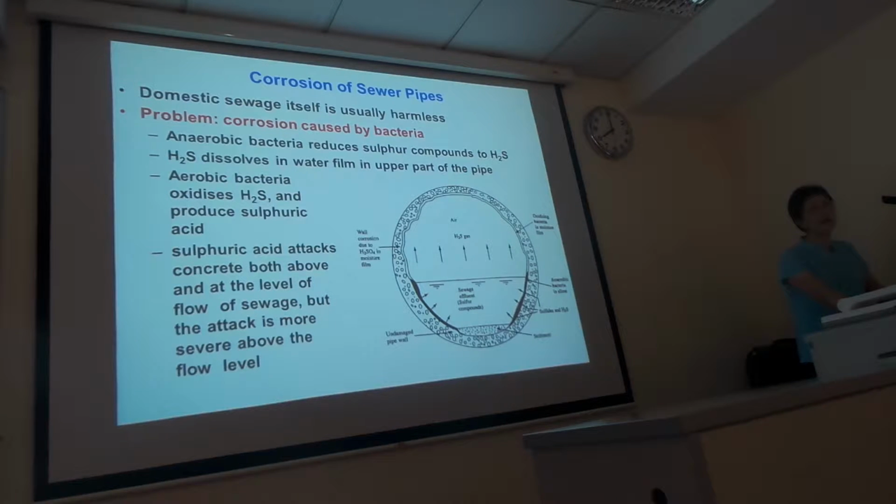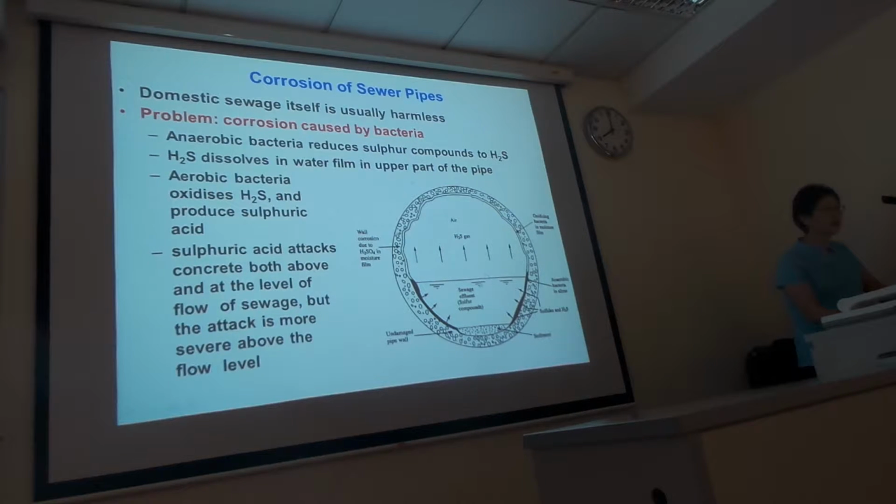It is the acid generated from the sulfur compound in this sewage. Inside this domestic sewage effluent, you have some sulfur compound. Under the influence of anaerobic bacteria, it can be reduced into H2S gas.